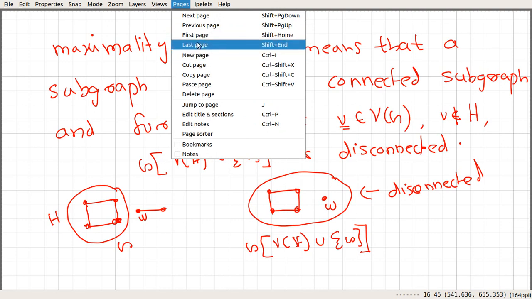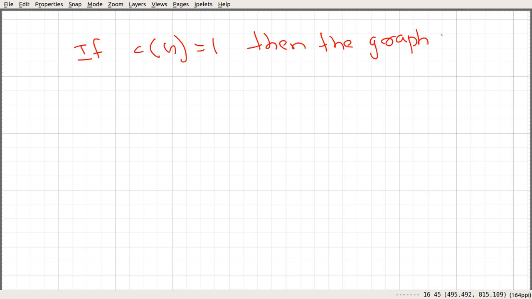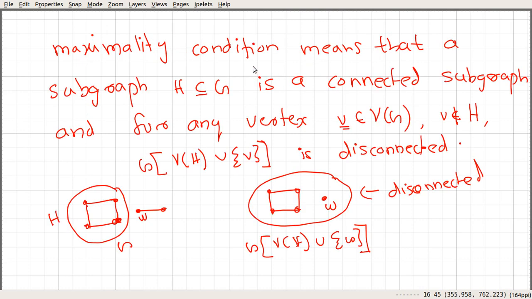what you mean by a connected graph. If the number of connected components in the graph is equal to 1, then the graph is connected. This is the official definition of a connected graph. Again, if you consider this graph, the number of connected components is 2.